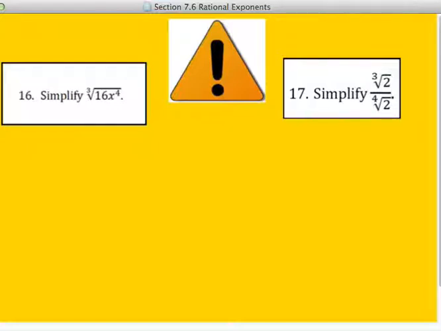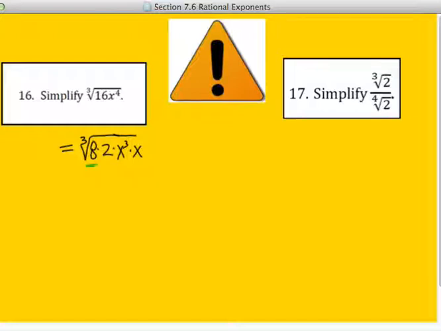So number 16, simplify. The cubed root of 16, well, that's not a nice answer or a whole number. So I would say, well, I do know what the cubed root of 8 is, and 8 times 2 is 16. And I can't take the cubed root of x to the 4th, so I'm going to rewrite it as x to the 3rd times x.